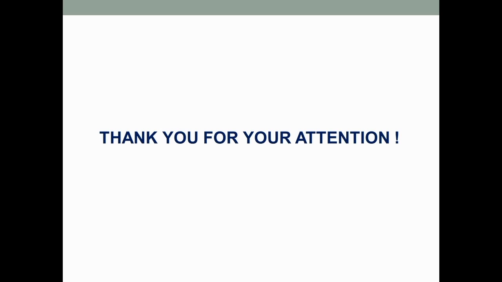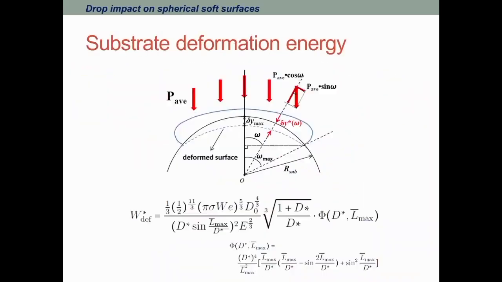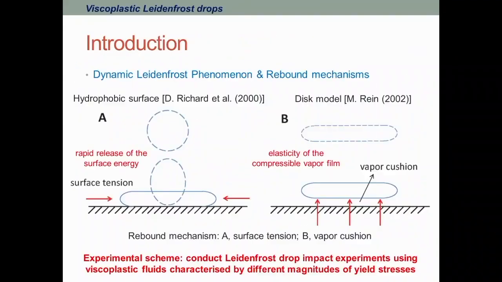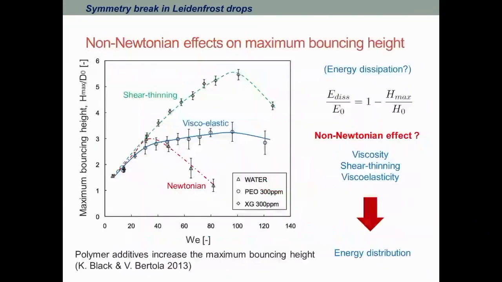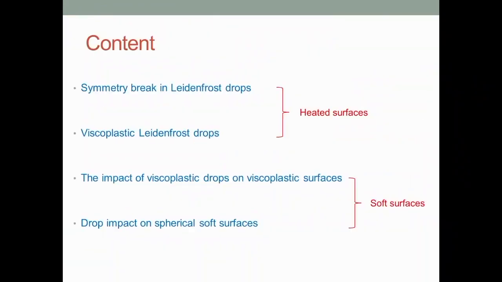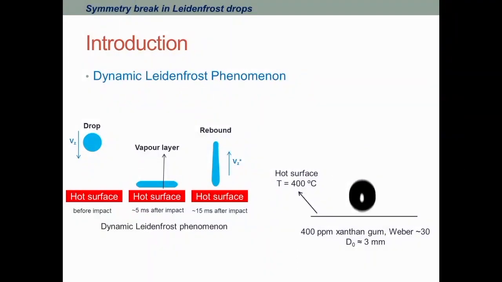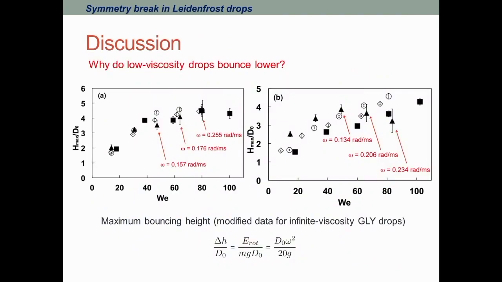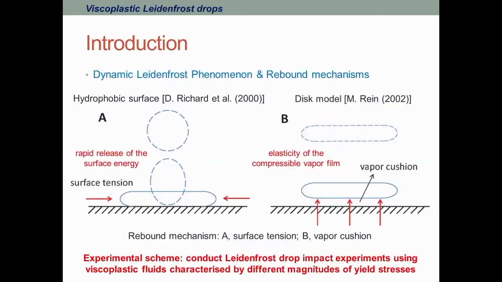Time for questions. Yes, please. In the first part of your talk, you mentioned the impact of non-Newtonian fluids, and you used the Carreau model. But from the picture, before impacting, they are not so spherical. You mean using the Carbopol solutions? Yes.